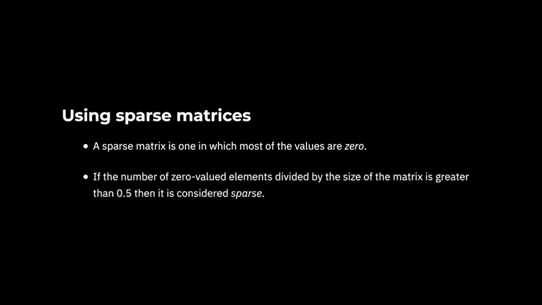A sparse matrix is one in which most of the values are equal to 0. If the number of 0 valued elements divided by the size of the matrix is greater than 0.5, then it is considered sparse.